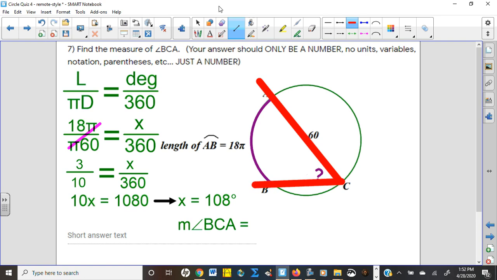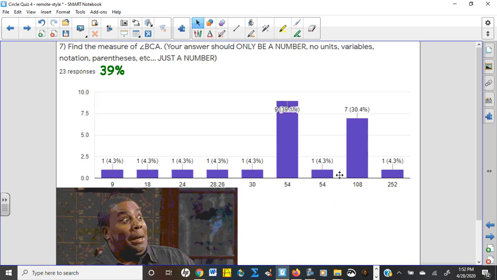Well, theorem 10.7 says half of the intercepted arc. So that would be 54. And boy, this was a problem for people, because as you can see, almost as many people kept the 108 as got the right answer of 54. Now, most people did still get 54, but 9 out of 23 is only 39%.